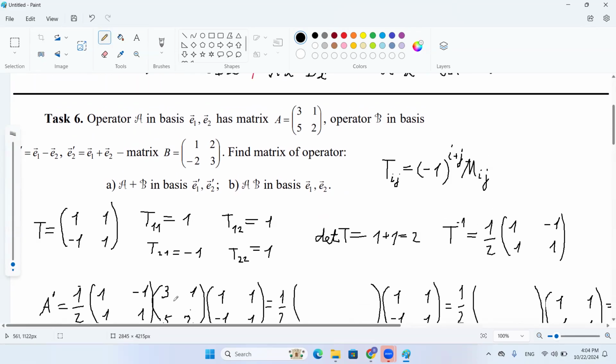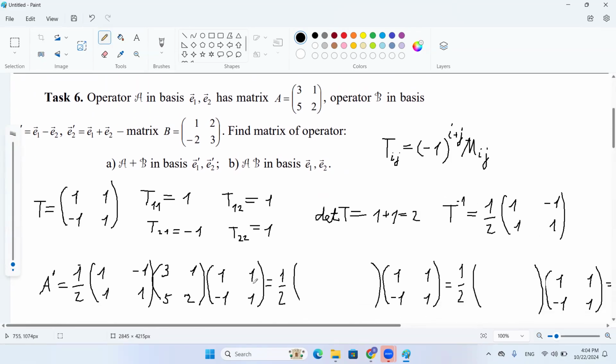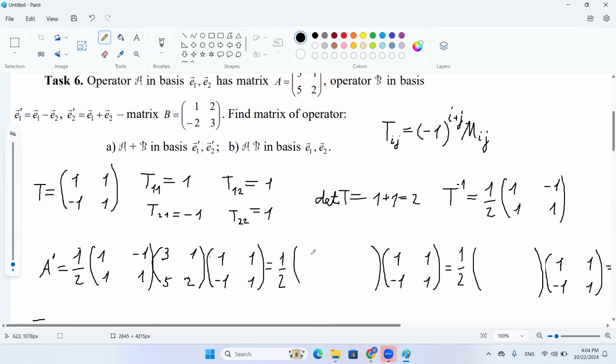So 3, 1, 5, 2. But anyway, 3 minus 5 we have here. Nothing changes for this cell, and for this 1 minus 2, so it's -1.